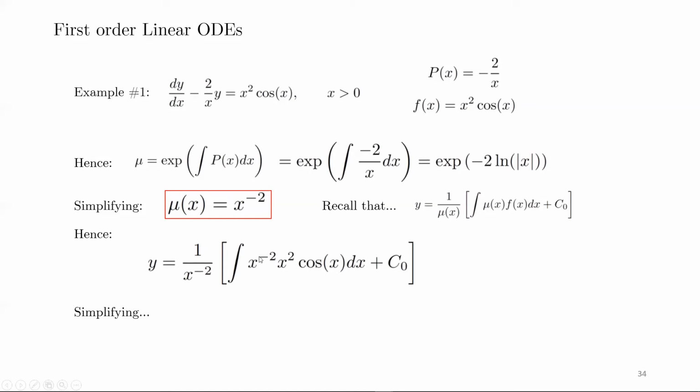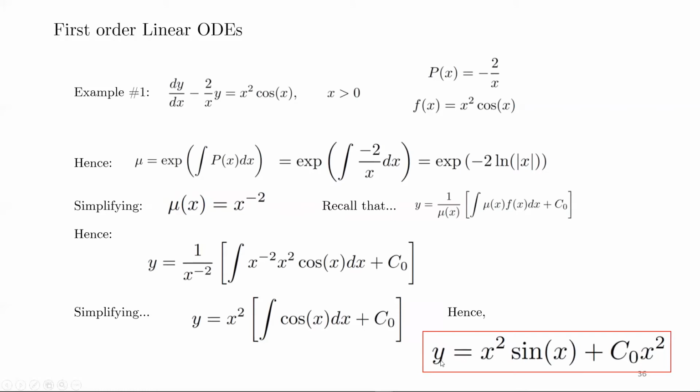We can simplify this, of course, because x to the power of negative 2 multiplied by x squared is just going to be x to the power of 0, which of course is just 1. So our expression for y becomes x squared times the integral of cosine plus c naught. The integral of cosine, of course, is simply sine.